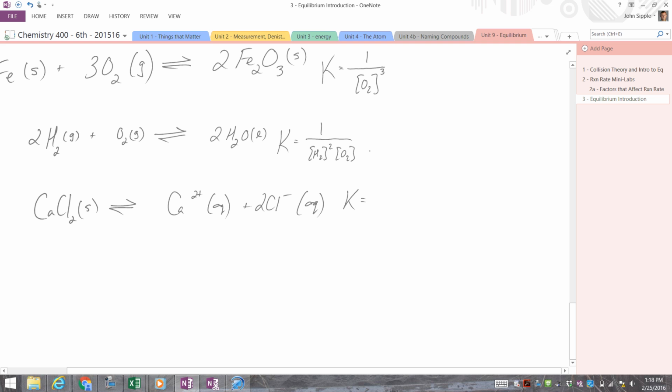Okay, good. What about the last one? Yeah, Ca2 plus and Cl minus squared over 1. Or you can just leave it like that. You don't have to write the over 1.